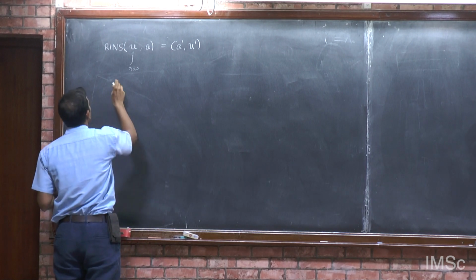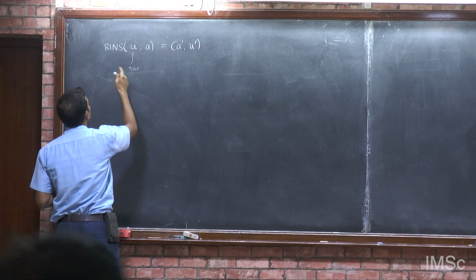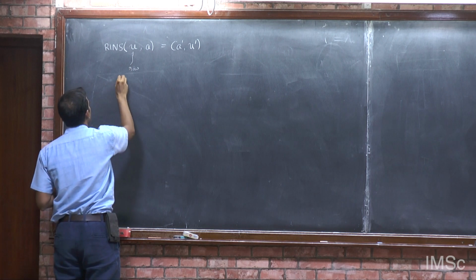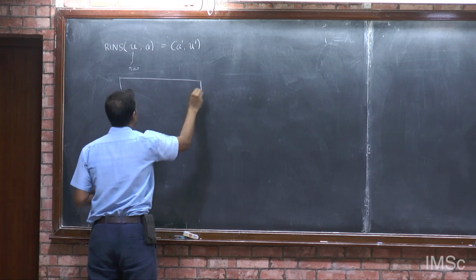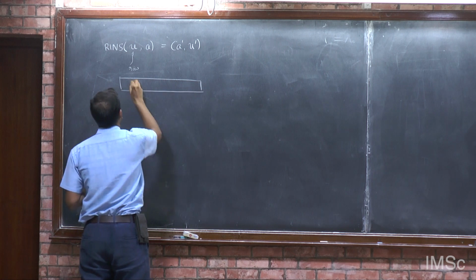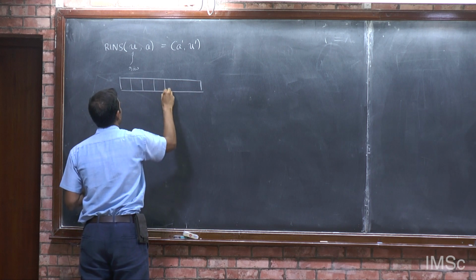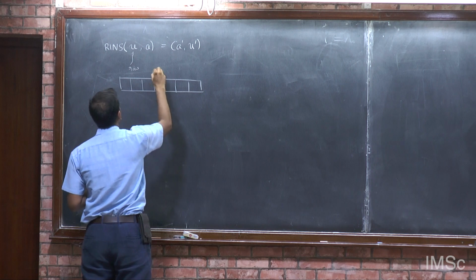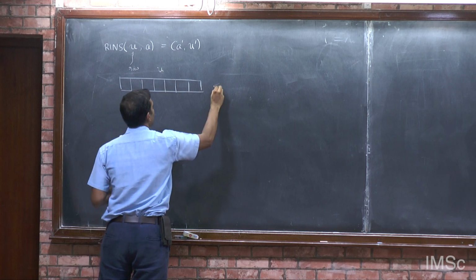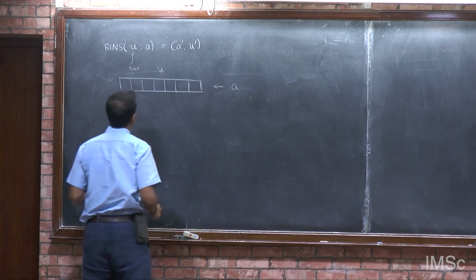If u is a row, I'll draw it like in this tableau. This is my u, and I'm trying to insert A into it.